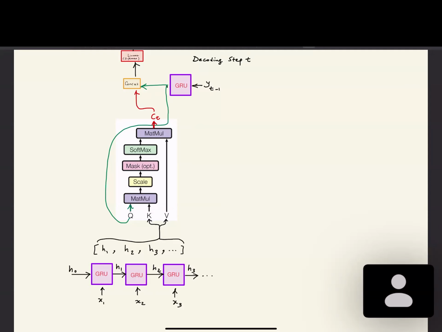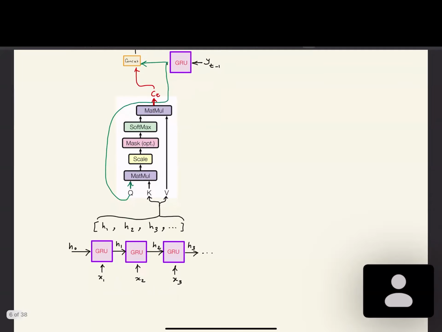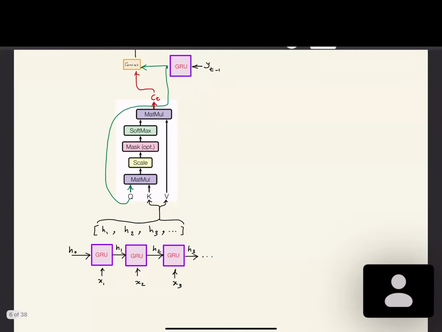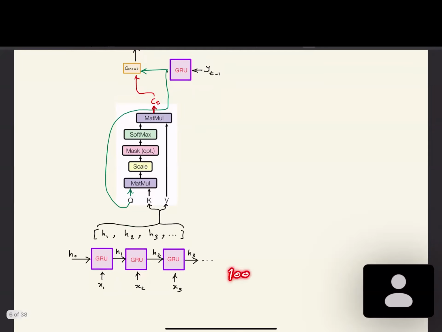Why is this important? Because if you remember the CNN architectures, they are highly parallel. And that's why we could scale them to handle very large data sets. And that's what we want here also, to be able to scale the learning. That's not possible here. For example, in the encoder, if we want to process, let's say 100 tokens sequentially, we need 100 serial steps.